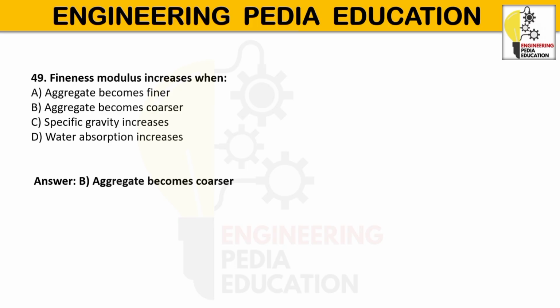It shows whether the aggregate is fine or coarse. It is determined with the sieve arrangement of 4.75 mm, 2.36 mm, 1.18 mm, 600 microns, 300 microns and 150 microns. Low fineness modulus means fine aggregate, high fineness modulus means coarse aggregate.